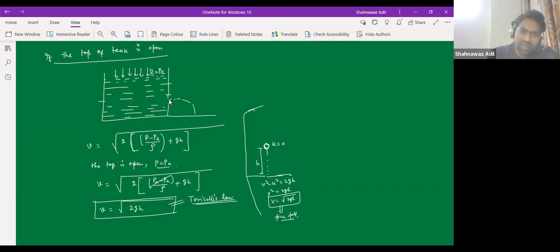Okay, so what kind of motion is it? Sir, motion in a straight line or motion in a plane?